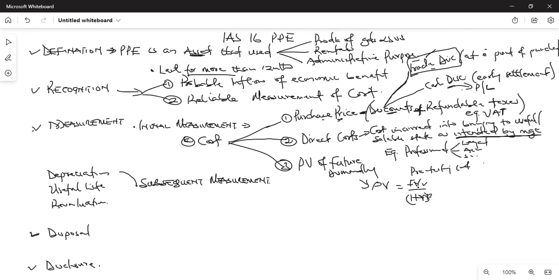This is the future value, the future amount, and this is the present value you are looking for. Or the formula can also be stated as future value multiplied by (1 + R) raised to the power minus N. Whichever one you use, this part is the discounting. So you discount it back. And so I'm going to give you an exercise now.